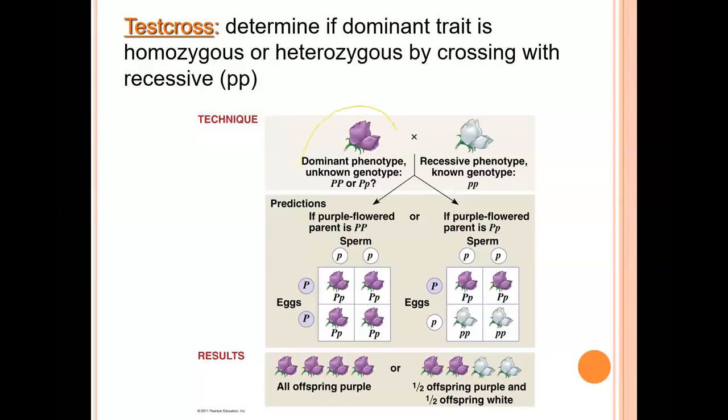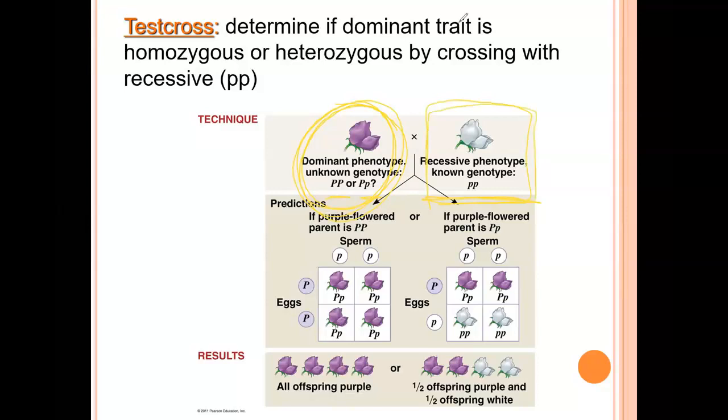So right here, if you are looking at a purple flower, you don't know if that purple flower is big P, or if it's big P, little p. You just don't know looking at it, and you don't know what the ancestors of the flower are. So what you would do to determine whether it was big P, or big P, little p, is you would cross it by something that you know.